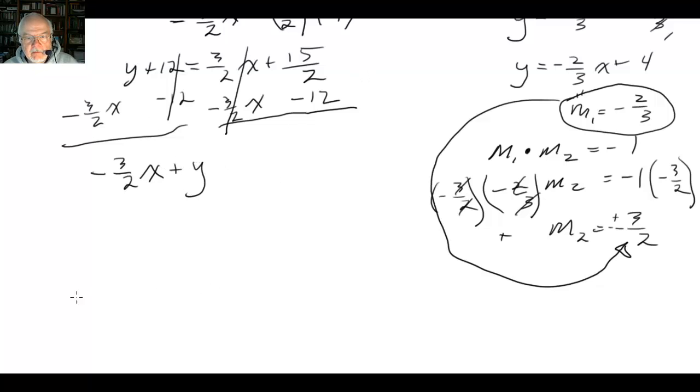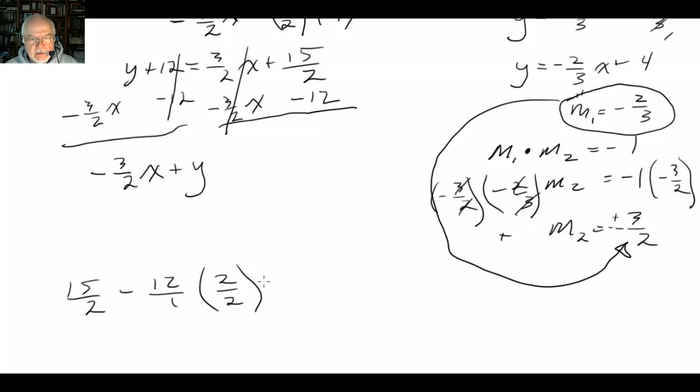I've got to do some arithmetic. I've got 15/2 minus 12. Well, that's 12 over 1, and I'm going to multiply this by 2 over 2, which is just 1. Nothing has changed, I just changed this into an equivalent fraction.